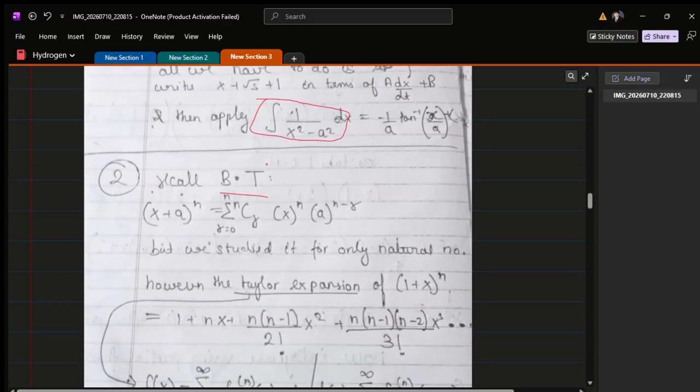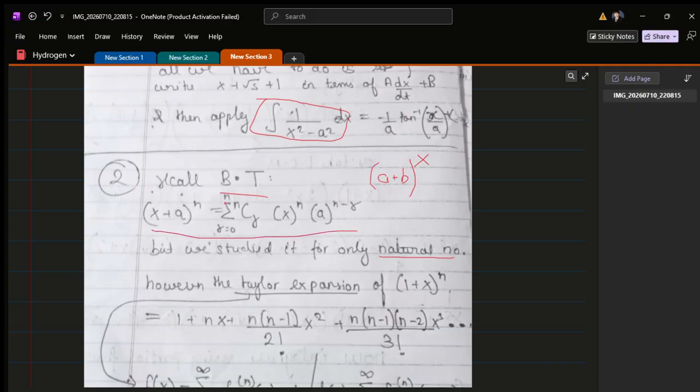Recall what the binomial theorem was? This is, more correctly, a binomial, a plus b. A can be anything, b can be anything, raised to the power x, where x is a natural number. We know the binomial theorem as this.